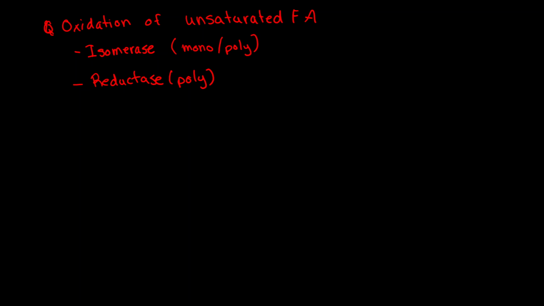So what's going to happen here is that this isomerase converts the cis double bond to a trans double bond. You might wonder what the significance of that is.